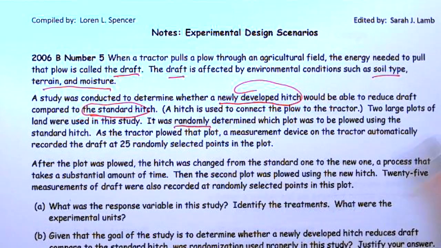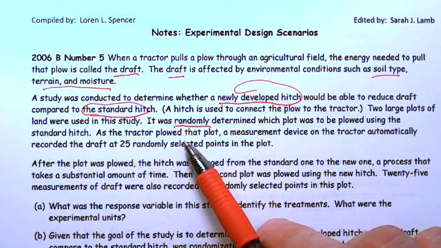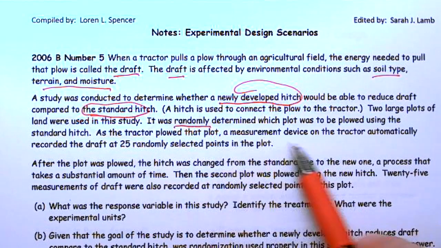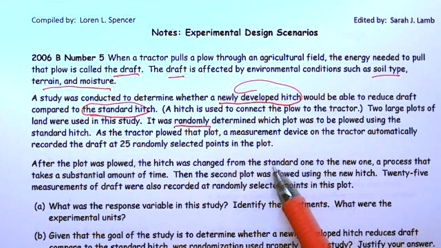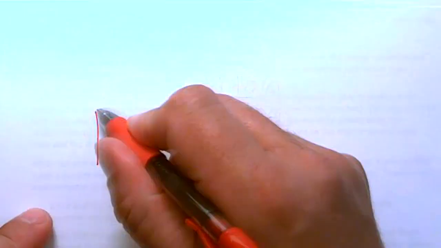As the tractor plowed that plot, a measurement device on the tractor automatically recorded the draft at 25 selected points in the plot. So let's think about this real quickly, because we're going to make a mistake later if we don't.